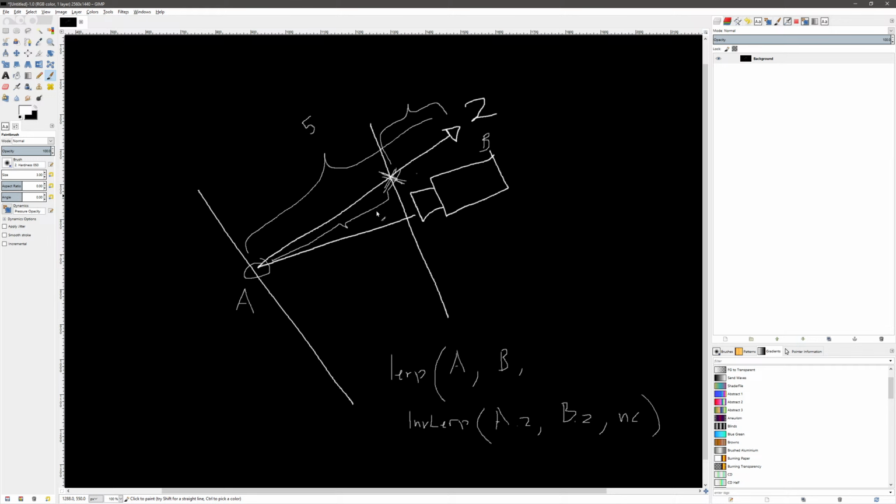So if this one is 2, what is this one? -3 maybe. So inverse lerp between -3 and 2. This gives us a value between 0 and 1. Something like that should give us the endpoint, right?